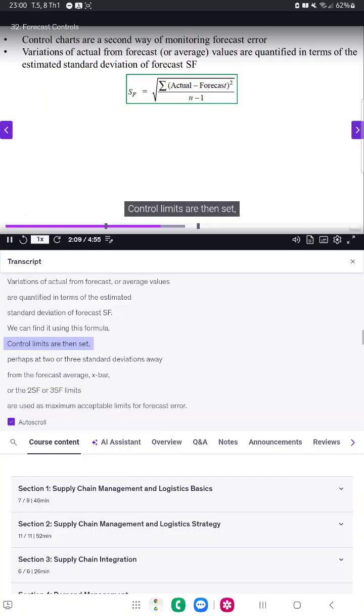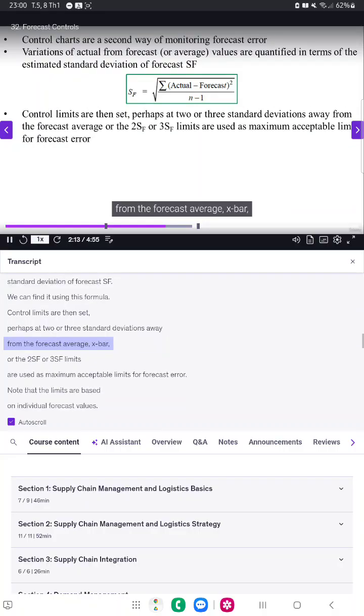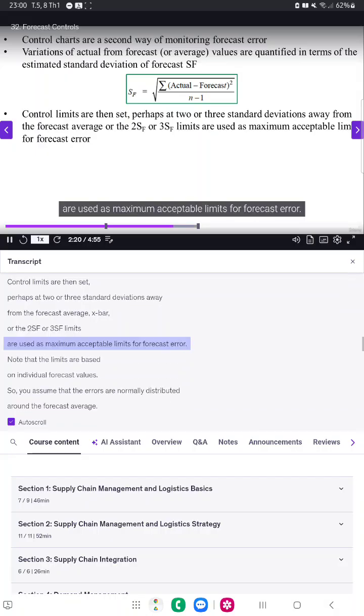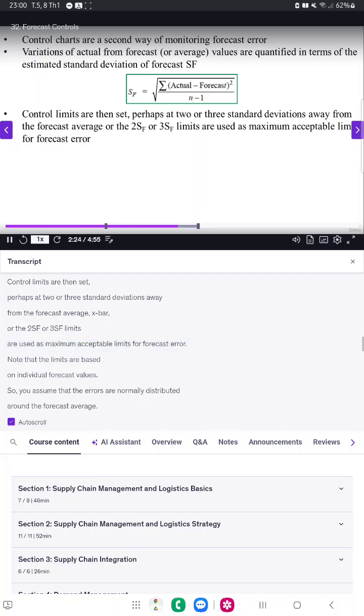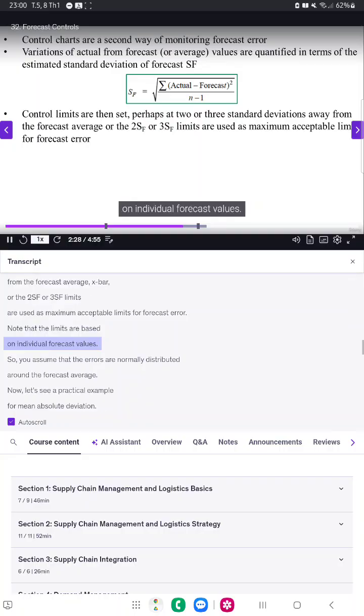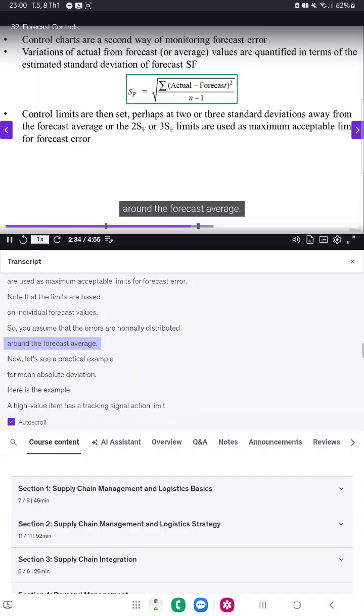Control limits are then set perhaps at 2 or 3 standard deviations away from the forecast average X bar, or the 2SF or 3SF limits are used as maximum acceptable limits for forecast error. Note that the limits are based on individual forecast values, so you assume that the errors are normally distributed around the forecast average.